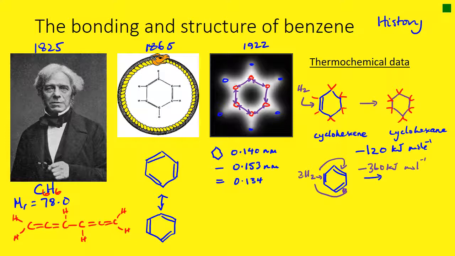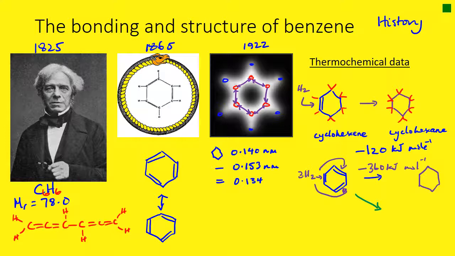To make cyclohexane, let's quickly draw out cyclohexane just to keep us all making sense. Cyclohexane like that, I'll leave it with the skeletal formula so I don't have to draw the hydrogens. So that's what they expected, but when they actually put benzene through this hydrogenation, what they actually got was a different number altogether.